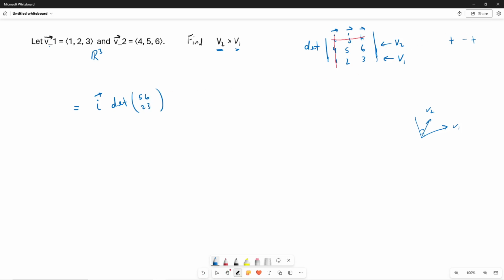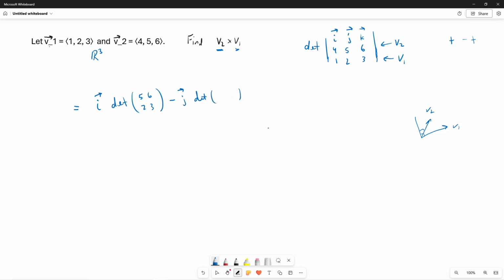Then you do minus j times the determinant of a smaller matrix.